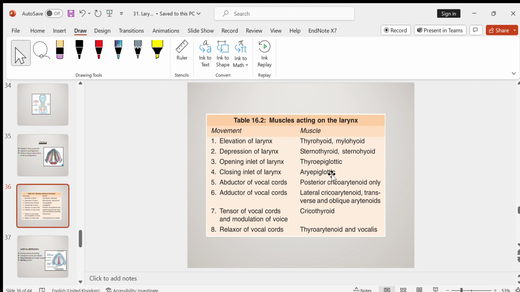This slide is the most important of this entire lecture. The various muscles which are acting on the larynx, and you have to learn it by heart. Elevation of the larynx is caused by the suprahyoid muscles, which are the thyrohyoid and the mylohyoid. Depression of the larynx is caused by the infrahyoid muscles, which are the sternothyroid and the sternohyoid.